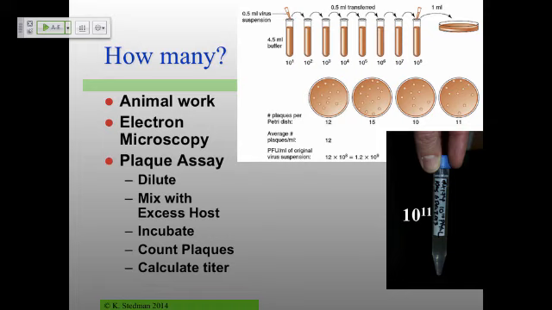You do serial dilutions, and in this case it's just 0.5 mils to 4.5, so it's a 1 to 10 dilution. Multiple serial dilutions. You'll notice the numbers here get up to pretty high dilutions. So in this case, it's a 10 to the 8th. And then what you do is you take that mixture now of the diluted viruses, mix them with susceptible cells. And the real key here is it's a vast excess of those susceptible cells.